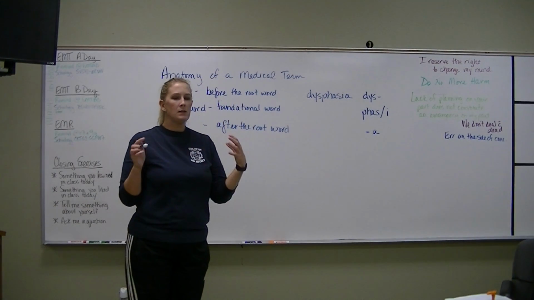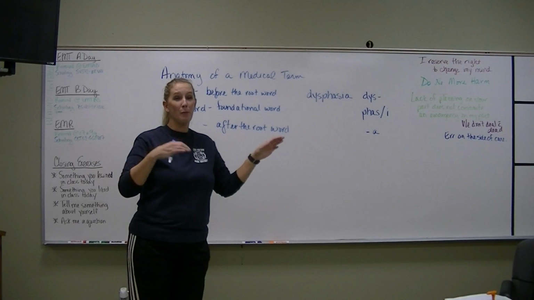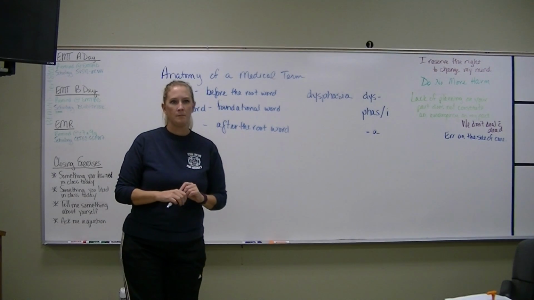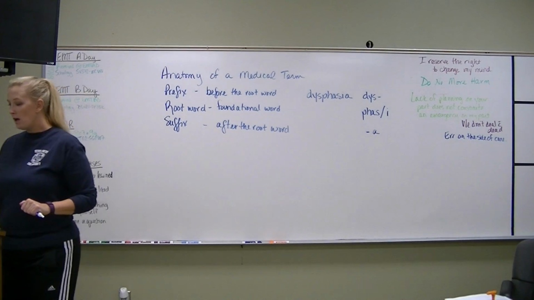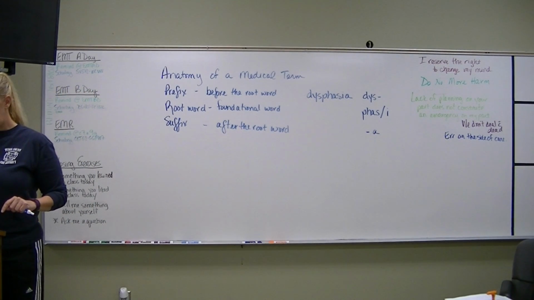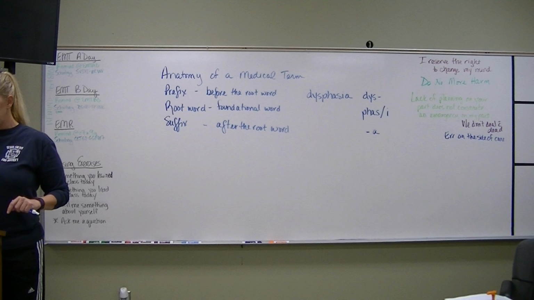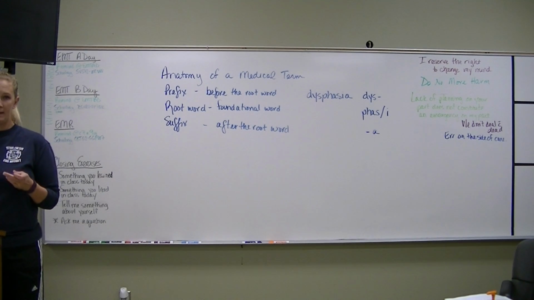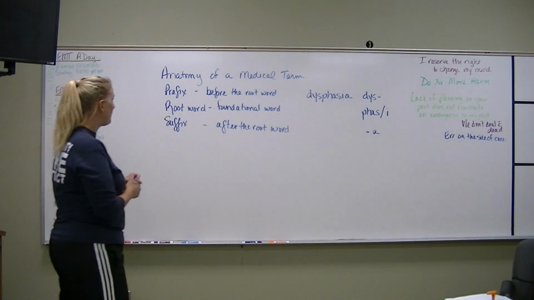Our combining vowel is there to make our transition from our root word to whatever other part a little bit easier. IA also can sometimes have its own meaning as a suffix, and not every word needs a combining vowel. Okay. So this is the anatomy of a medical term.